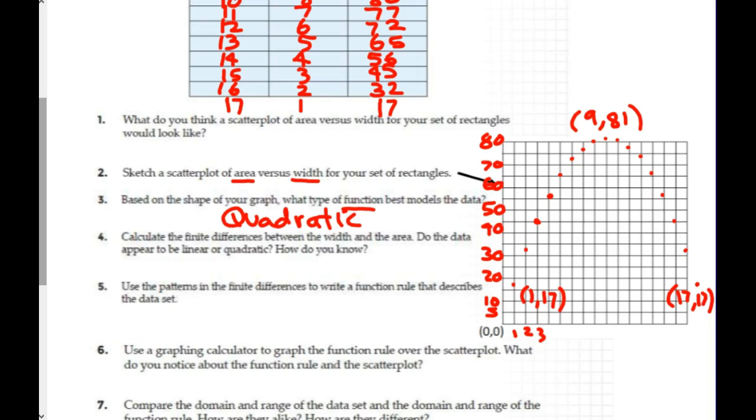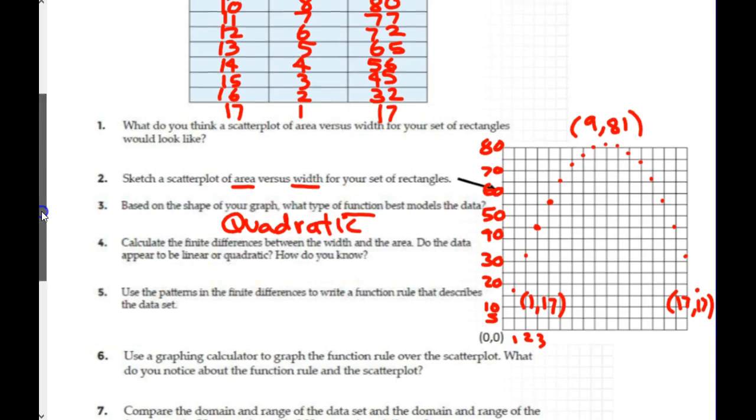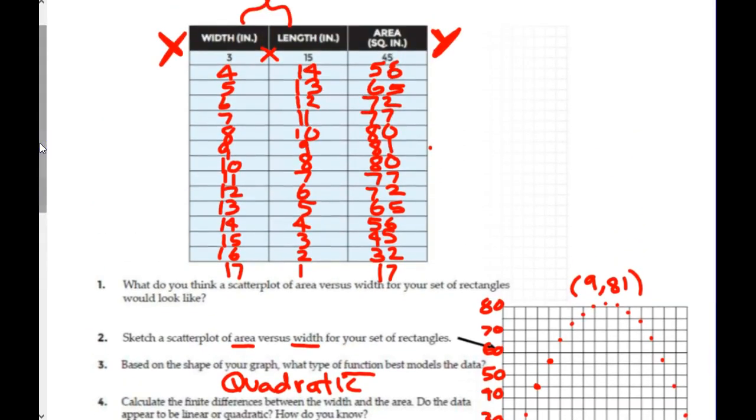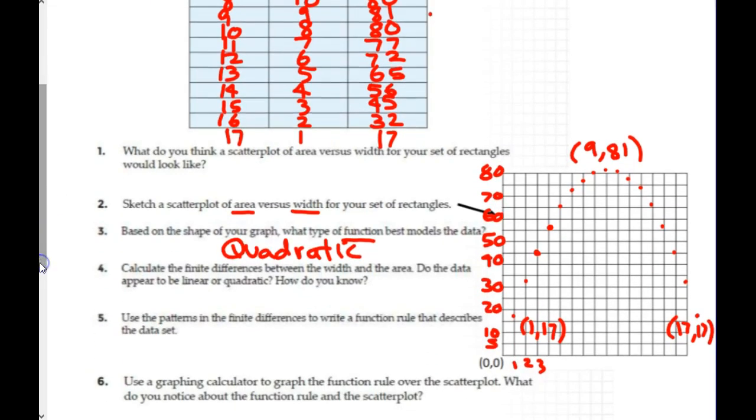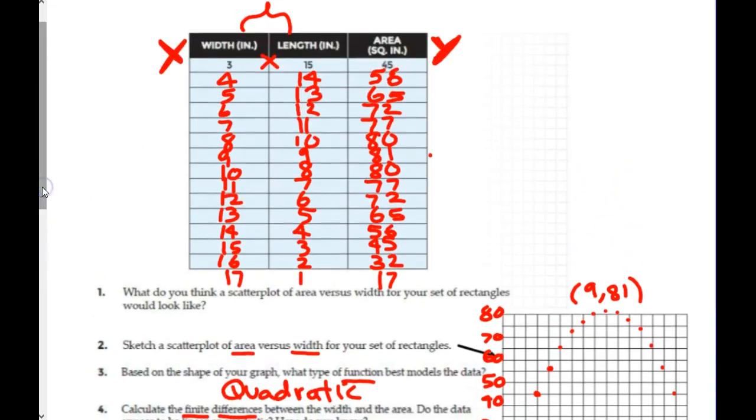Okay. Number 4. Now, they want us to prove that the table is quadratic. Now, I know you can see it, and I know you know it, but remind me, we did this on the last assignment. How do I tell a table is quadratic? What do I do on the side here? And it says it down here. We do it by finding the finite differences. Meaning, difference means what? Subtraction.